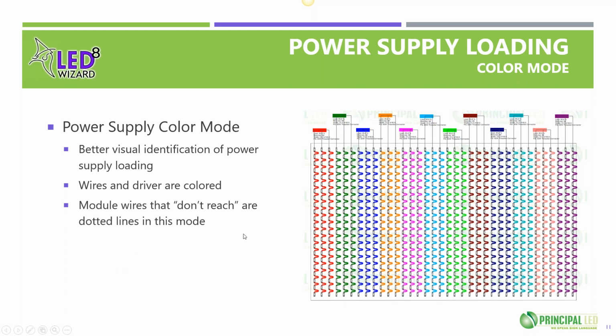And in this mode, wires that don't reach are shown as dotted lines. Previously, wires that didn't reach in LED Wizard were always shown as a red wire, and we changed that because red is the first color, so your first power supply will be red. So a dotted line now shows that it's not going to reach.